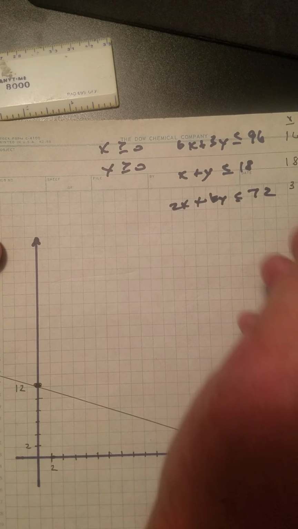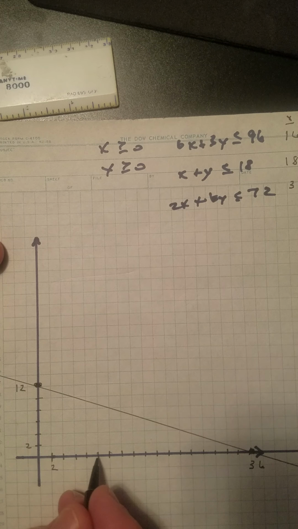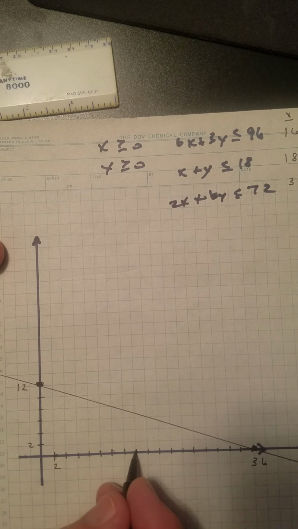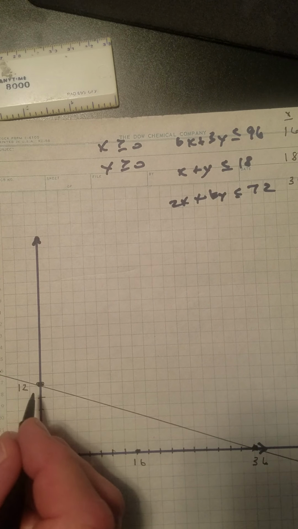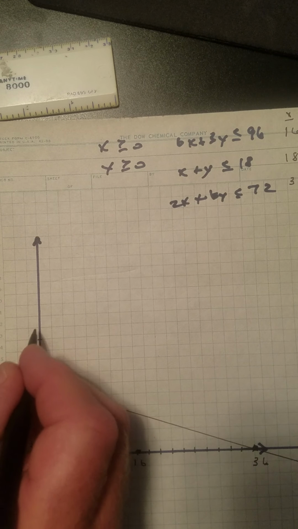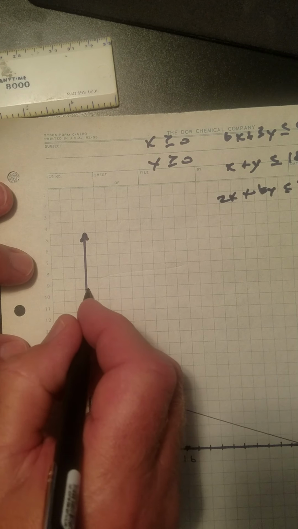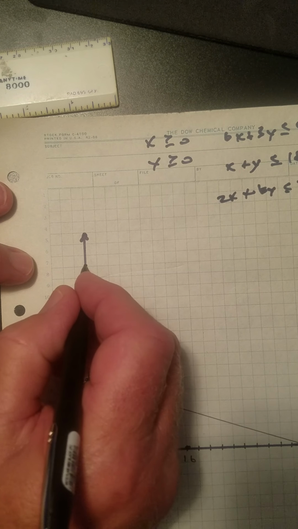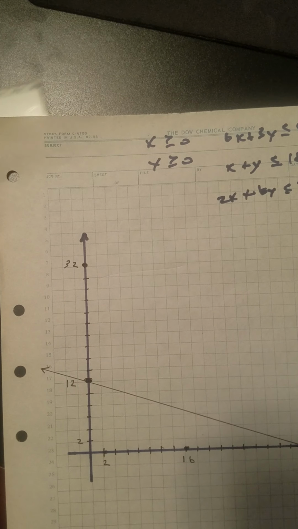Okay, let's go back to line 1. X is 16, so 2, 4, 6, 8, 10, 12, 14, 16, and 32. So I got 12, 14, 16, 18, 20, 22, 24, 26, 28, 30. 32 is right there.